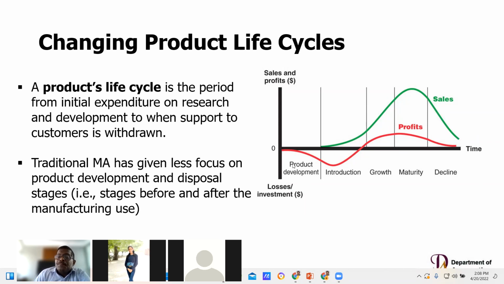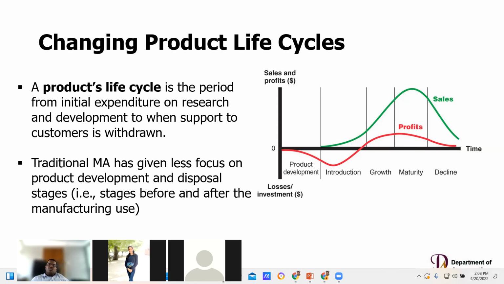You see that here you don't have a product. Here you are just developing the product. Okay, but this is a kind of investment. But we don't count this as a manufacturing cost.